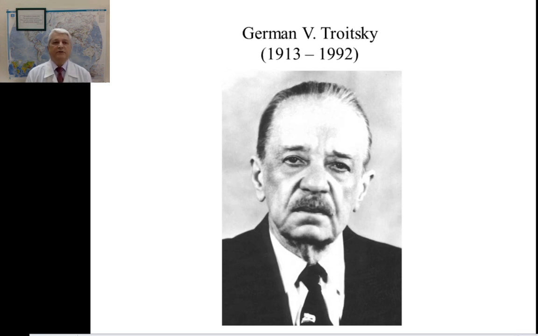And he made many important discoveries about which our teachers told you during the first class, and we also discussed some of these discoveries in different lectures. And one of the most important discoveries was the discovery of the beta structure in immunoglobulins.